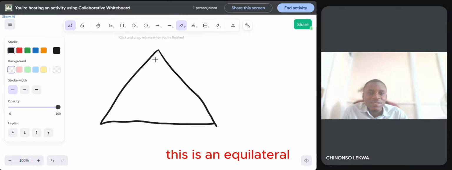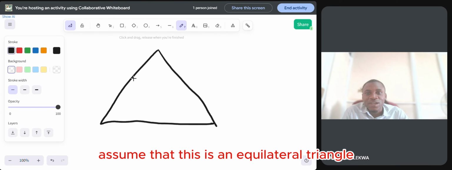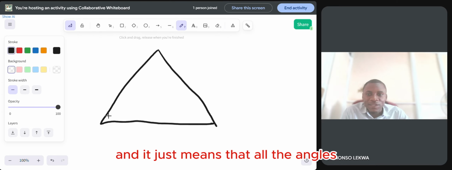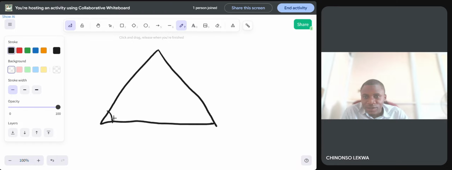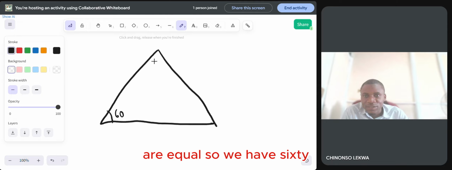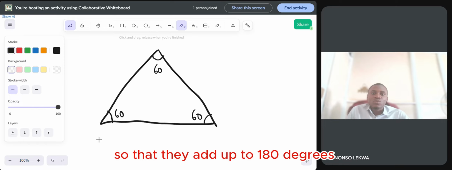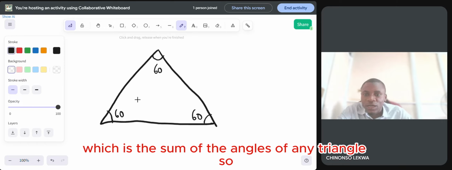Let's assume this is an equilateral triangle with all the sides being equal, and it therefore means that all the angles are equal. So we have 60 here, 60 here, and 60 here, so that they add up to 180 degrees, which is the sum of the angles of any triangle.